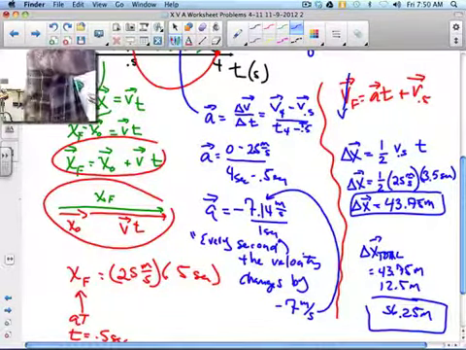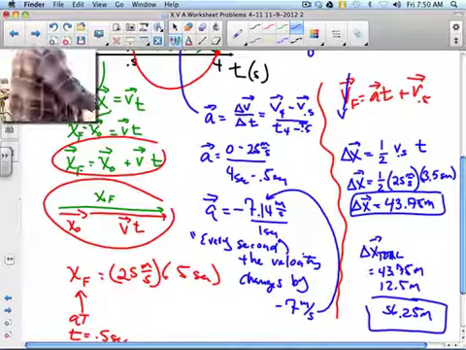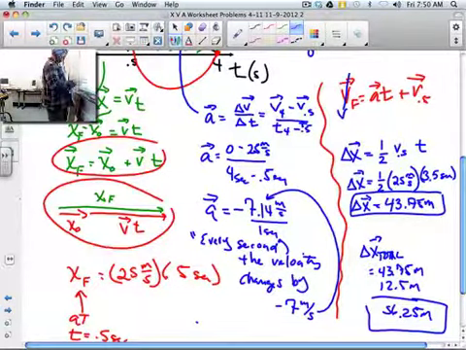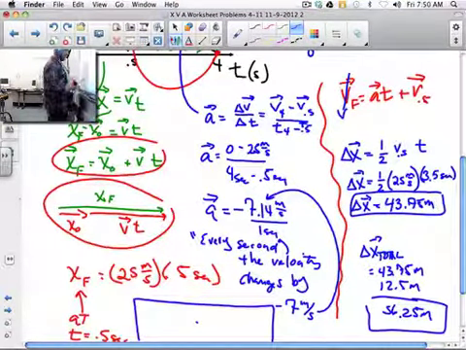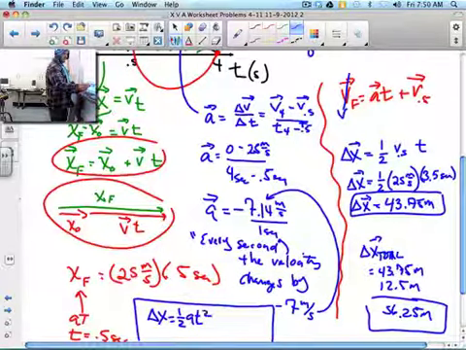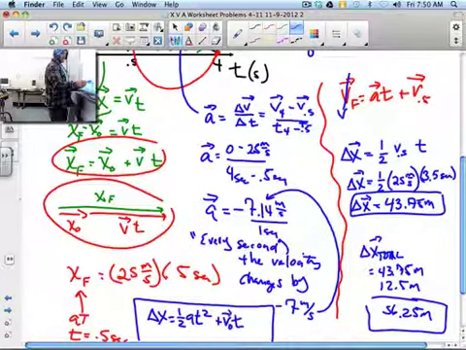If you want to just use an equation, you can use the equation delta x equals 1/2 a t squared plus v naught t. Okay?